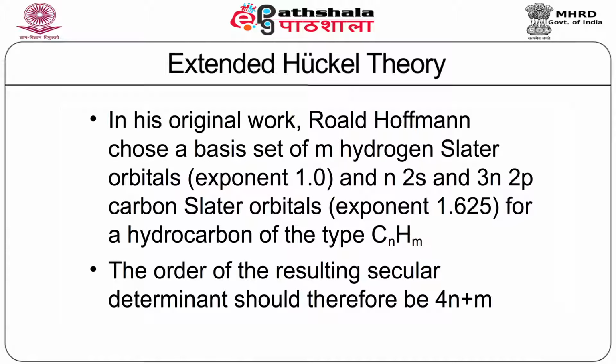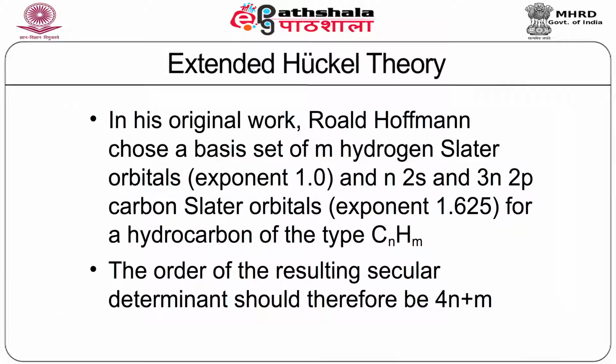In his original work, Roald Hoffmann chose a basis set of m hydrogen Slater orbitals, exponent 1.0, and n 2s and 3n 2p carbon Slater orbitals, exponent 1.625, for a hydrocarbon of the type CnHm.